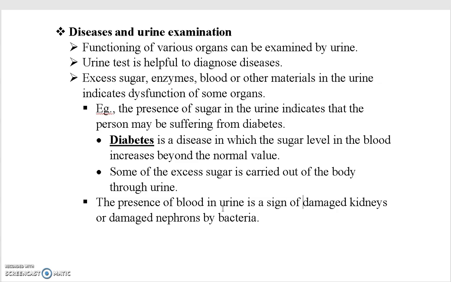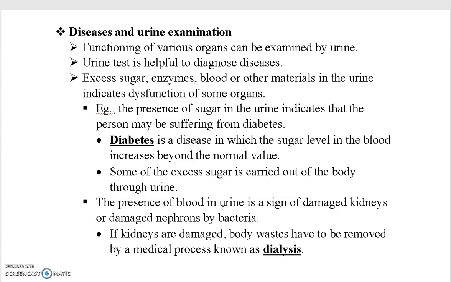Now what happens if the kidneys are damaged? If kidneys are damaged, body waste still has to be removed. Whatever functions of removing body waste the kidneys are doing have to be done by a different process.